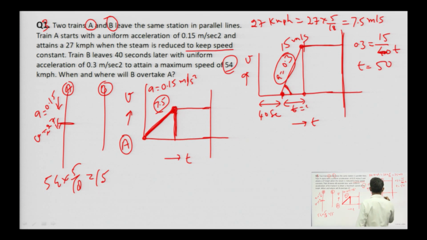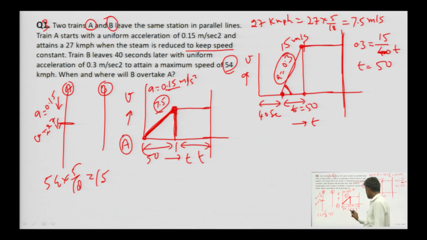For train A, that time is 7.5 divided by 0.15, which is 50 seconds. Say this is time t.